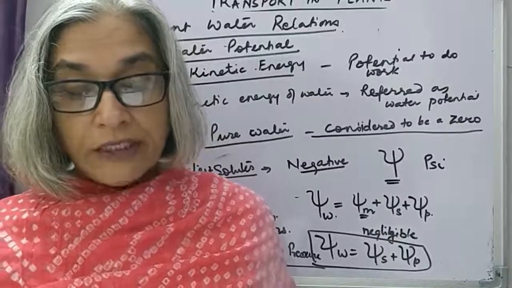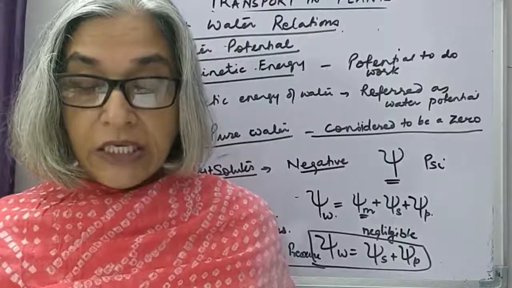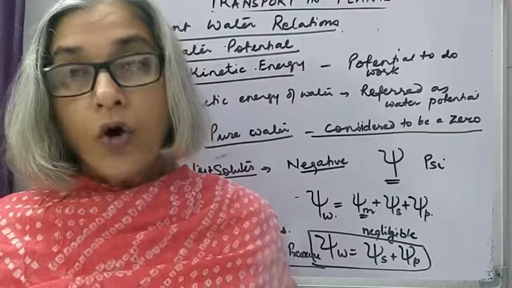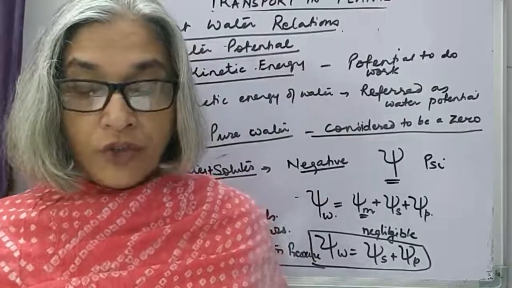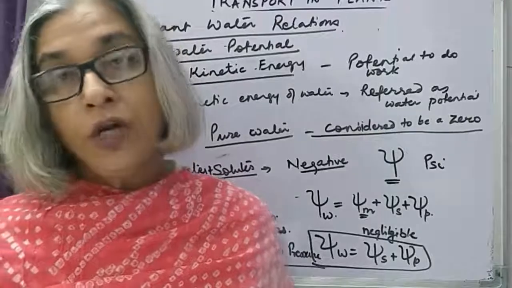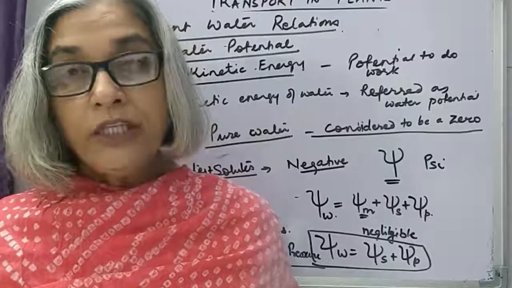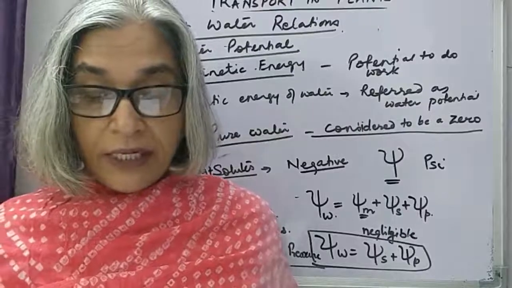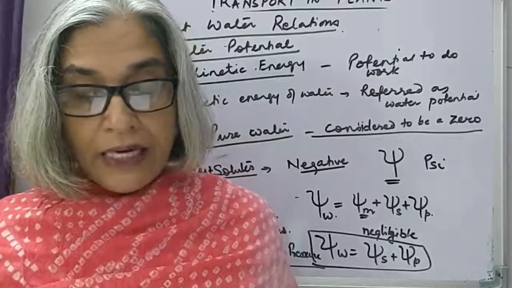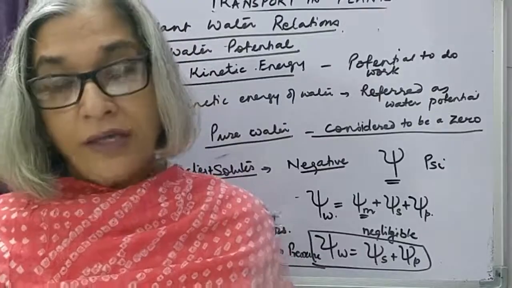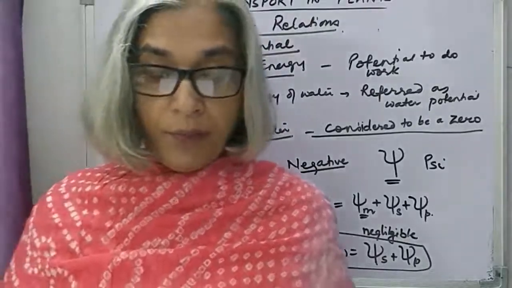Water potential is regarded as the tendency of the water to leave a system. Water always moves from a region of higher water potential to one of lower water potential. Water potential is represented by the Greek symbol psi, and it is measured in pascals or bars, and 1 bar is equal to 1 atmospheric pressure.